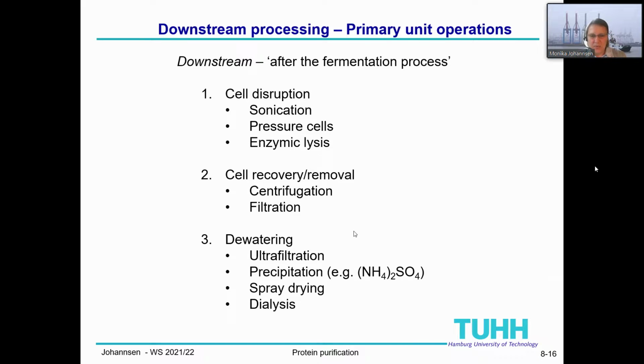After that, we will remove the solid parts of the cell, for example, by centrifugation and filtration. And after that, we will do a dewatering step, which means we will remove at least some of this high amount of water to have a first concentration step here, and to reduce the volume we have to carry along the process.